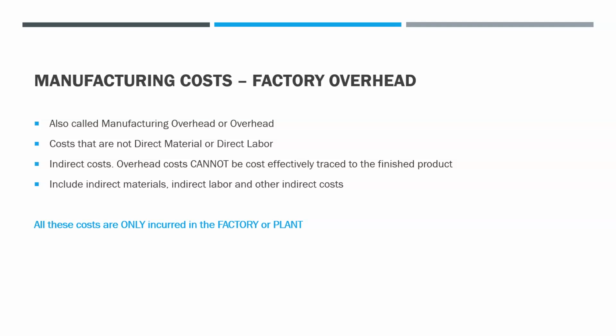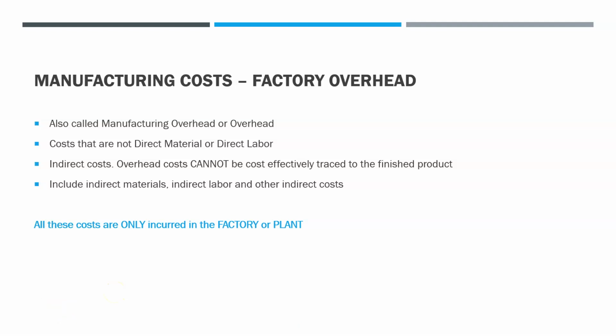It's some other kind of cost. It's still a cost that the company has to spend or incur, but it's not considered a manufacturing cost. So you're going to look for the terms factory or plant. That means it is a manufacturing cost.